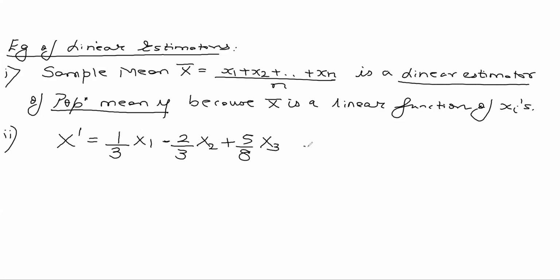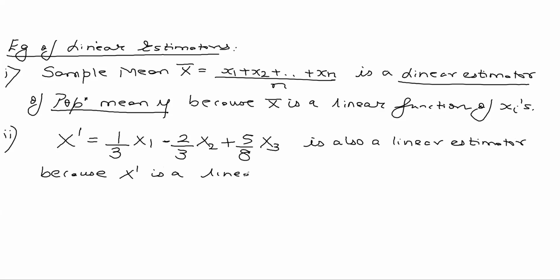Now you can see this is also a linear estimator, because x dash is a linear function of the xi's, in this case x1, x2, and x3.